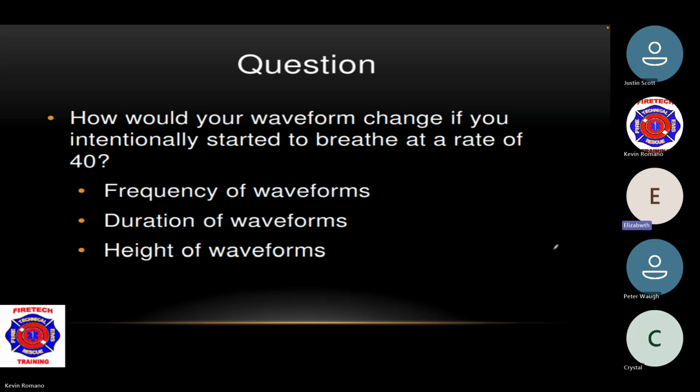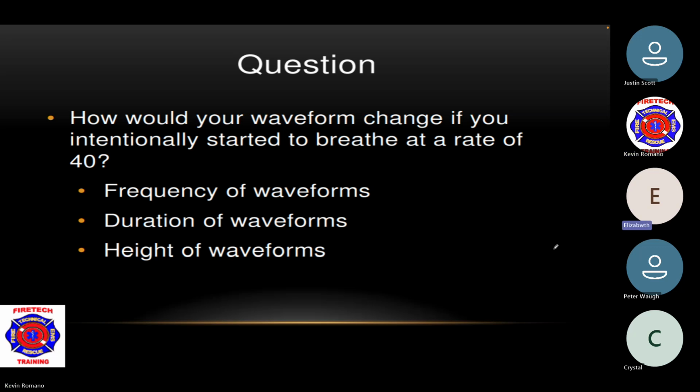If you're breathing at 40 times a minute, is that too fast or too slow? Too fast. So if you're hyperventilating a patient, would you expect the frequency of the waveform to be more or less? More. 100% correct. What about the duration of the waveform?